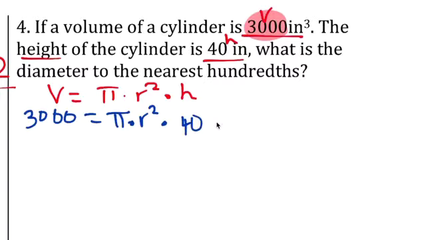So, there are 2 ways we can do this. Let's multiply these two ahead of time. 3.14 times 40. We get 125.6.